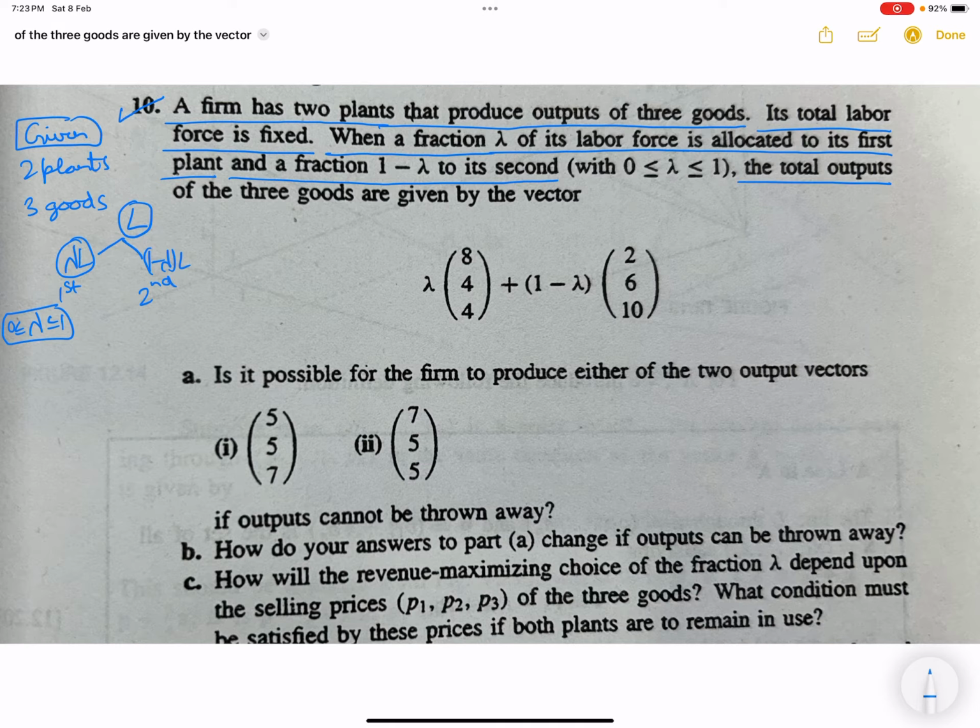The total outputs of the three goods are given by the vector lambda times. So this coefficient 8 corresponds to the output of the first good produced in the first plant. This for the second good, and the last one for the third good.